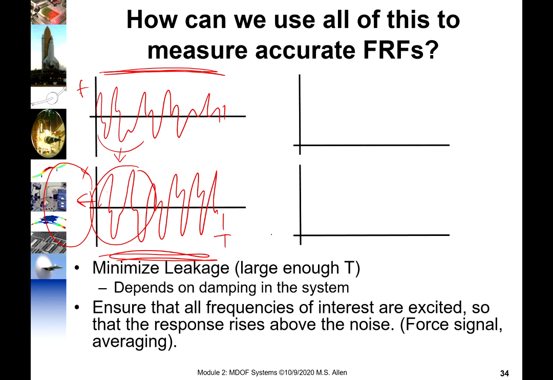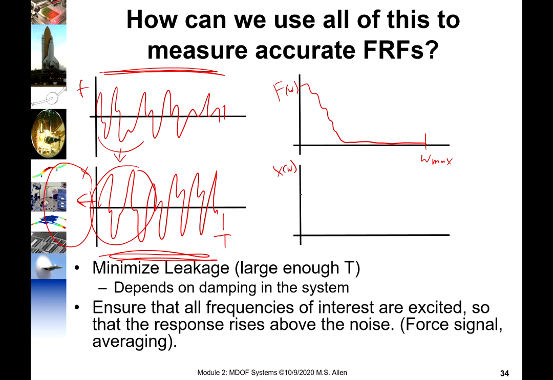So that's one thing to think about. And then we also need to make sure that all of the frequencies are excited. We've already kind of mentioned this, but if we have F of omega and X of omega, and our force signal looks like this, then we're probably not going to get a very accurate estimate of the response.